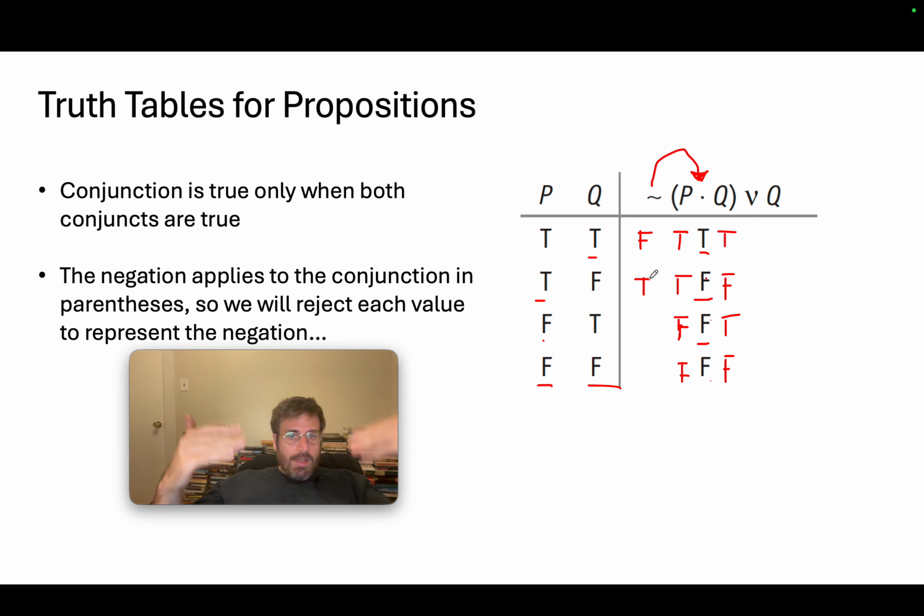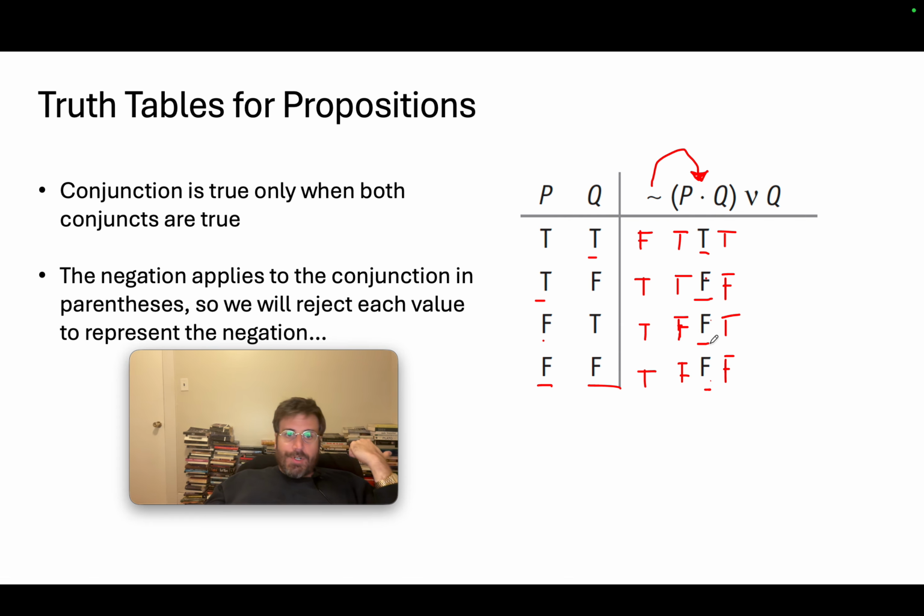Remember, with negation, it's always just the opposite of whatever value is given. On the third row, I see that dot is false. So again, tilde is true. It is the opposite. And finally, the last value for dot is false. So tilde is true. So these are the values for tilde: false, true, true, true.